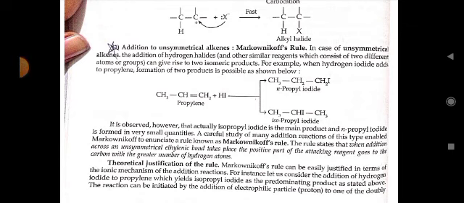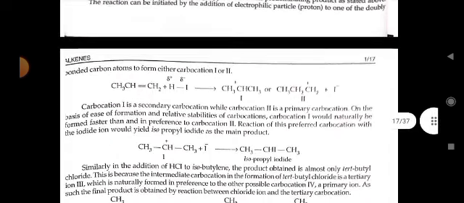As stated above, the reaction can be initiated by the addition of an electrophilic particle to one of the doubly bonded carbon atoms to form either carbocation 1 or 2. Carbocation 1 is a secondary carbocation while carbocation 2 is a primary carbocation. On the basis of ease of formation and relative stabilities of carbocations, carbocation 1 would naturally be formed faster than, and in preference to, carbocation 2. Reaction of this preferred carbocation with the iodide ion would yield isopropyl iodide as the main product.